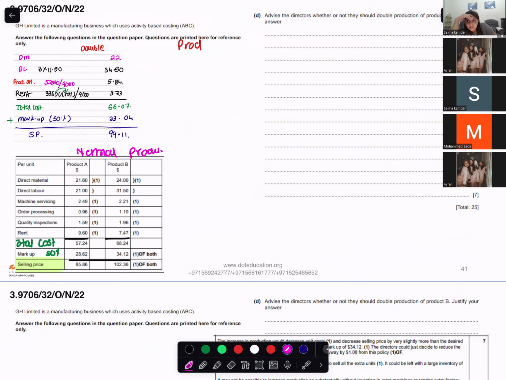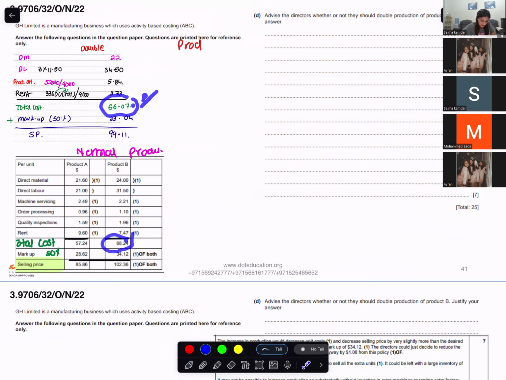So first we'll write the points for yes. In normal production, what is happening? Can you first analyze and tell me? In normal production, the direct material cost is higher, the total cost is lower.